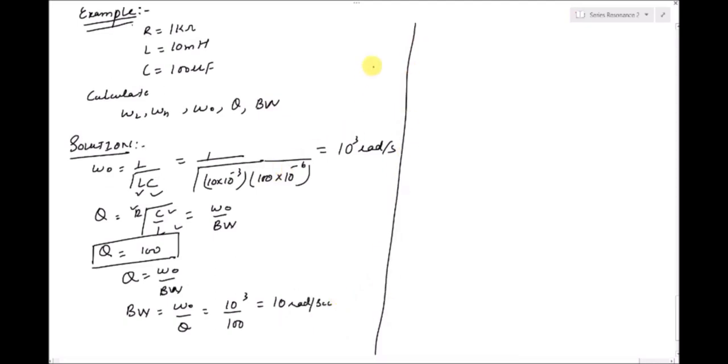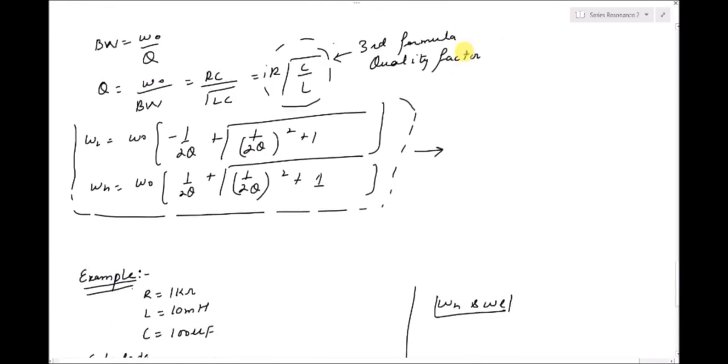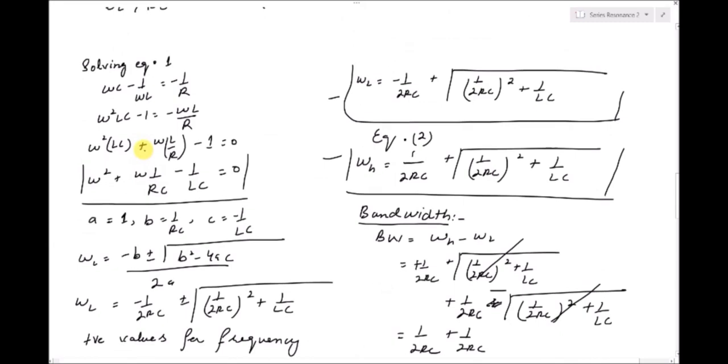So now for the upper and lower cutoff frequencies, we can use one of the formulas that we have derived. The first one is in terms of the quality factor and omega naught, the resonant frequency, and the second one is in terms of the circuit elements.